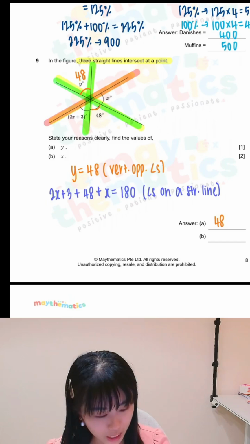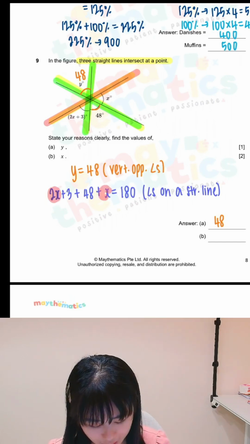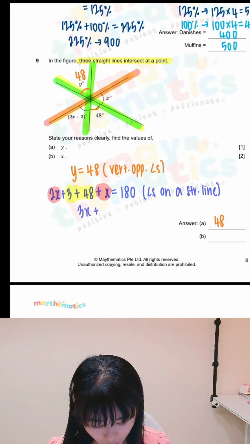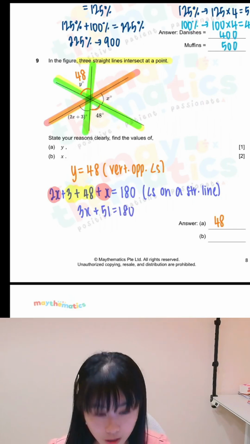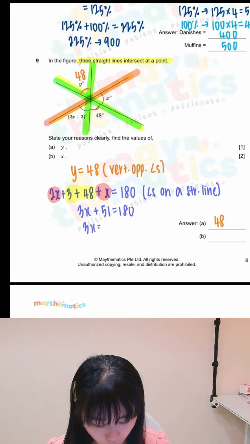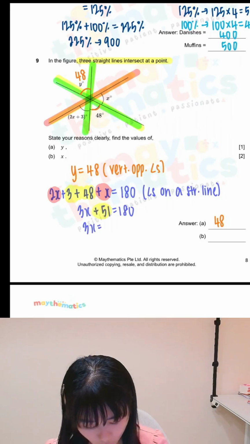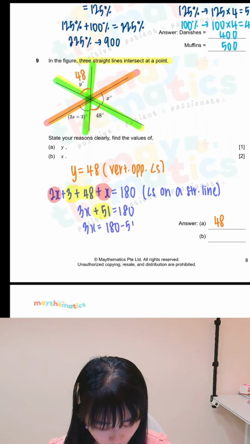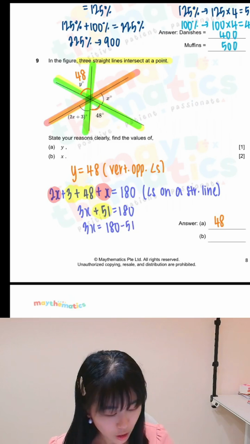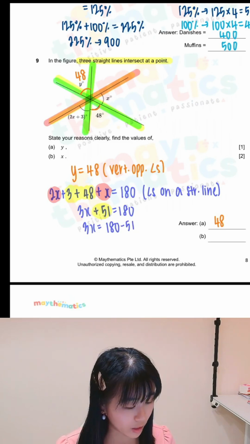So what we'll do next, like terms add together, 2x plus x, 3x. 3 plus 48, you'll get 51. Now you bring over the 51, it will become minus 51 on the other side. So 180 minus 51, you will get 129.